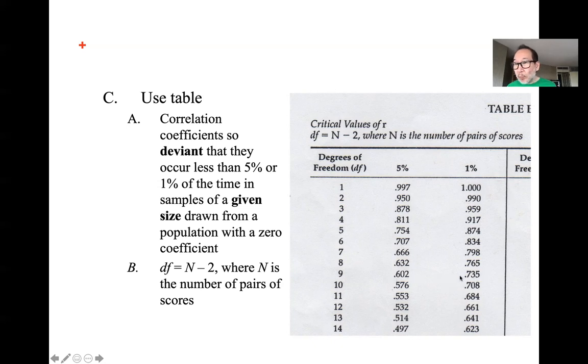And is this significant at 0.01? Yes, it is. 0.86 exceeds 0.75. So you know you're statistically significant at the 0.01 level as well. Now let's just say instead of 0.86, you found 0.62. Well, you would have been significant at 0.05, but not at 0.01. Now, does that mean you found statistical significance? Yes, but you've got to say to what degree, at what alpha level, what probability level.